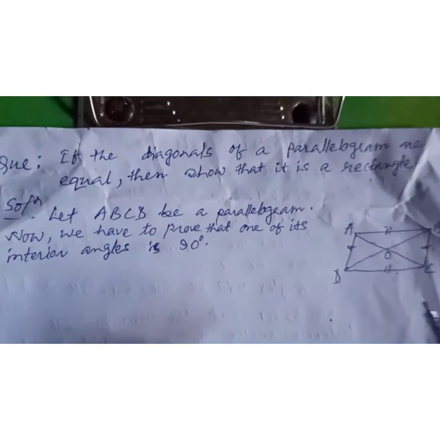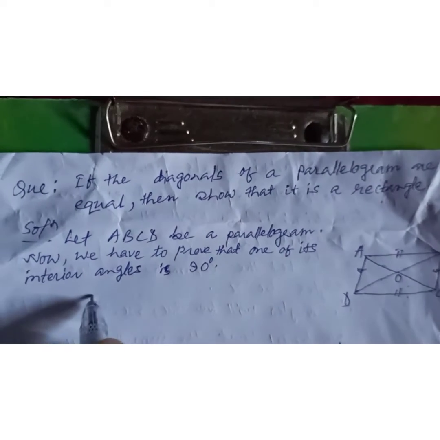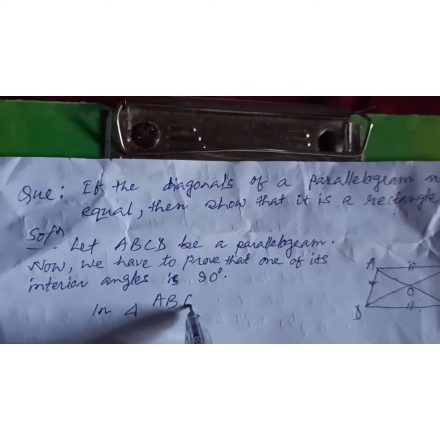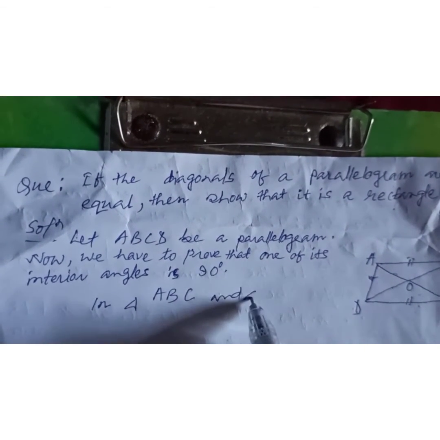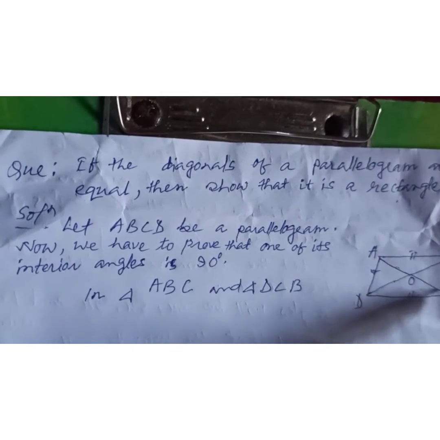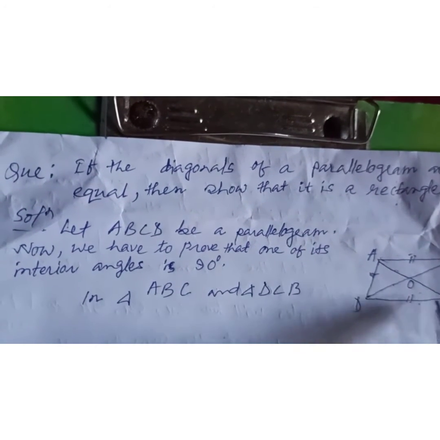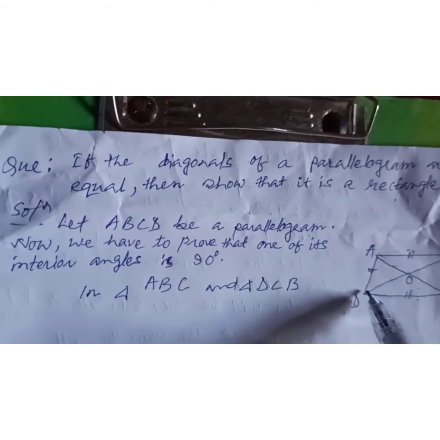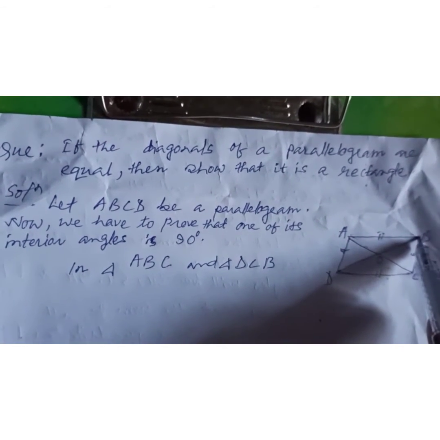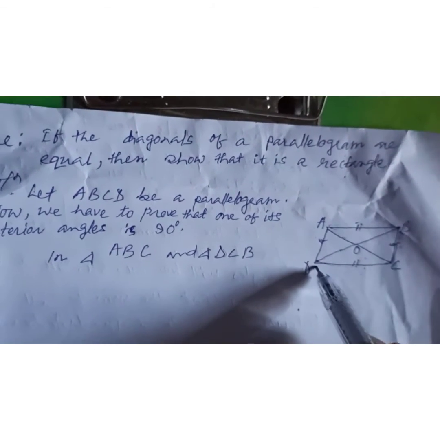Now from the figure, it will produce two triangles. Number one, you see, triangle ABC, this part, and another triangle, from here you start D, C, and B. You can also start from B, C, D, no problem.